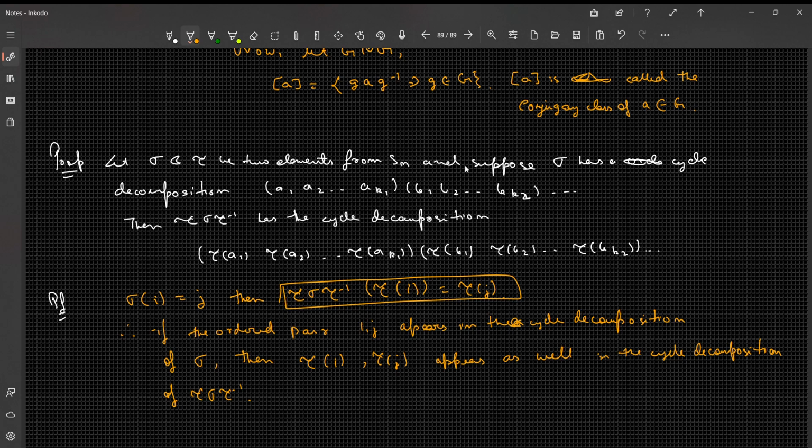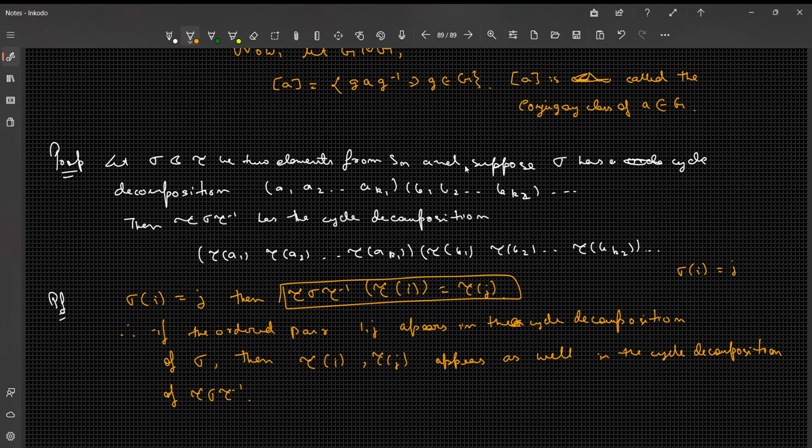Clear? Because if i and j appear in the cycle decomposition of sigma, that typically means that sigma sends i to j, right? And we know that if sigma sends i to j, then tau sigma tau inverse sends tau i to tau j, right?